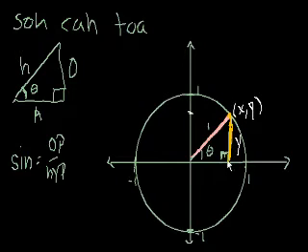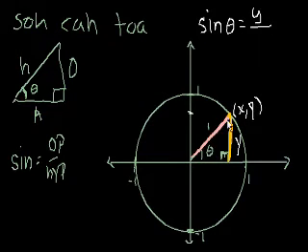So sine of theta is going to equal the opposite side, which is just the y coordinate, over the hypotenuse. The hypotenuse is this pink side here. And what's the length of the hypotenuse? Well, it's the radius of this unit circle, so it's 1. And y divided by 1 is just y.